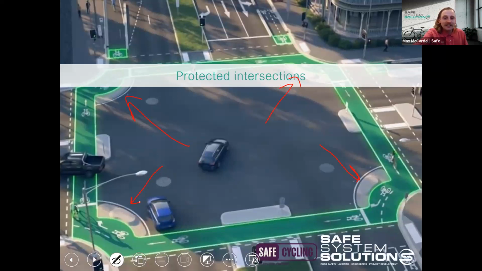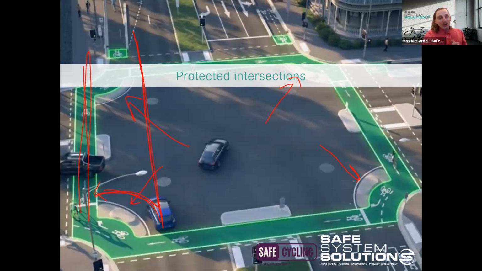One function is ensuring that motorists use this as a path to travel around, so they're not cutting the corner where cyclists may be propped and waiting, or where they may be turning as well. So it's trying to delineate the vehicle's path. The other thing it does is provide an offset from where the bicycle lane is, which is here, to where the left turn traffic lane is. So it provides a physical offset between those two. I'll go through a lot of detail around why that's so important, and that slide's coming.